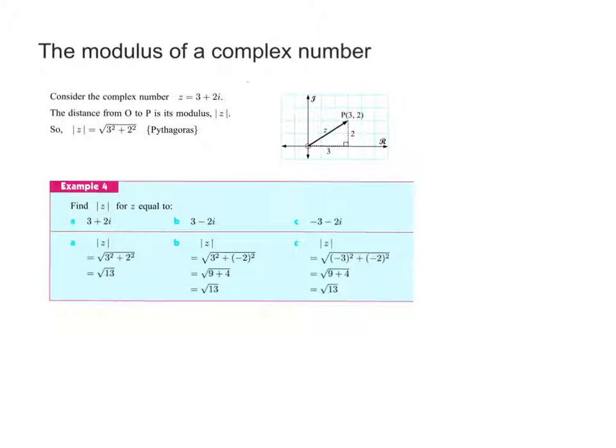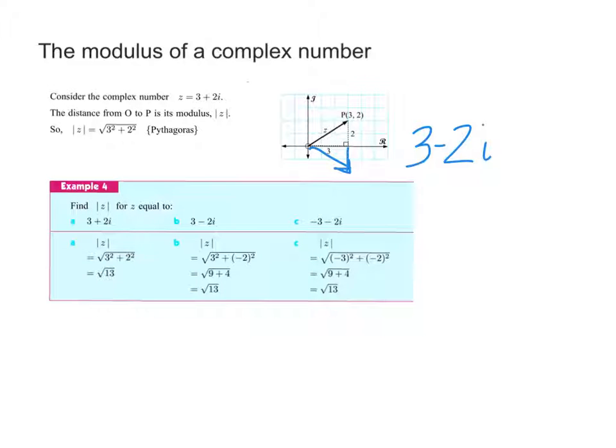which is the square root of 13. Now the cool thing that I wanted to show you is when I go 3 minus 2i, if you were to extend this graph, we would be coming down to here, and so 3 minus 2i would end you in the fourth quadrant.